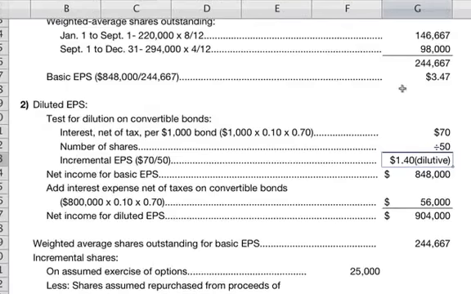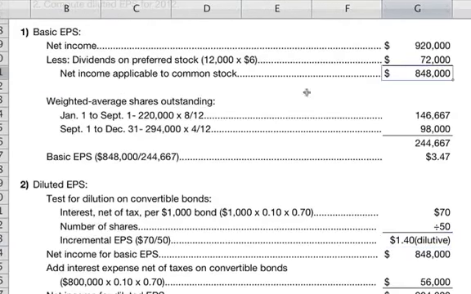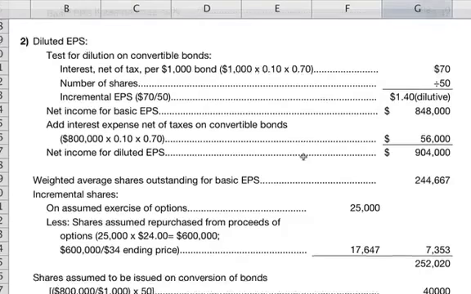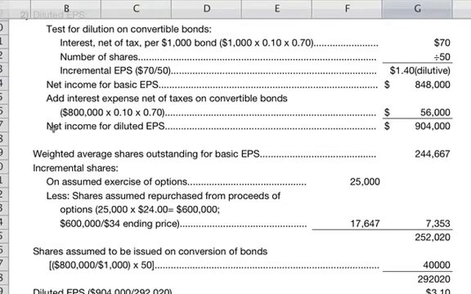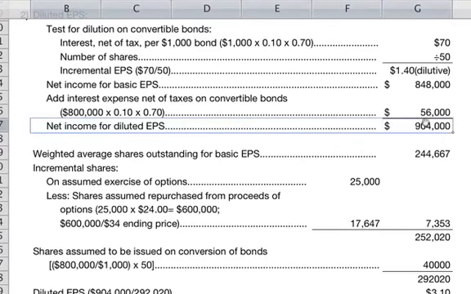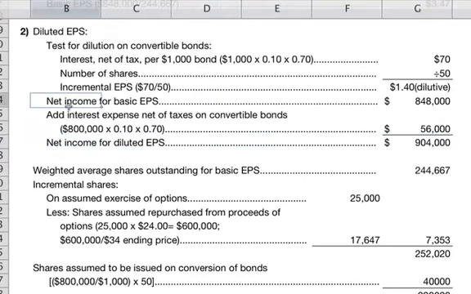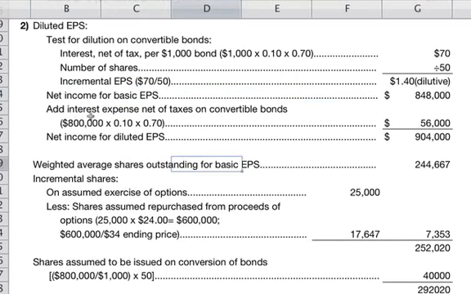So then we go back and we take the net income applicable to common stock, net income for basic EPS right here, and then we add interest expense net of taxes on convertible bonds. You have $800,000 times the 10% times 70% to give you net of taxes. That's $56,000.